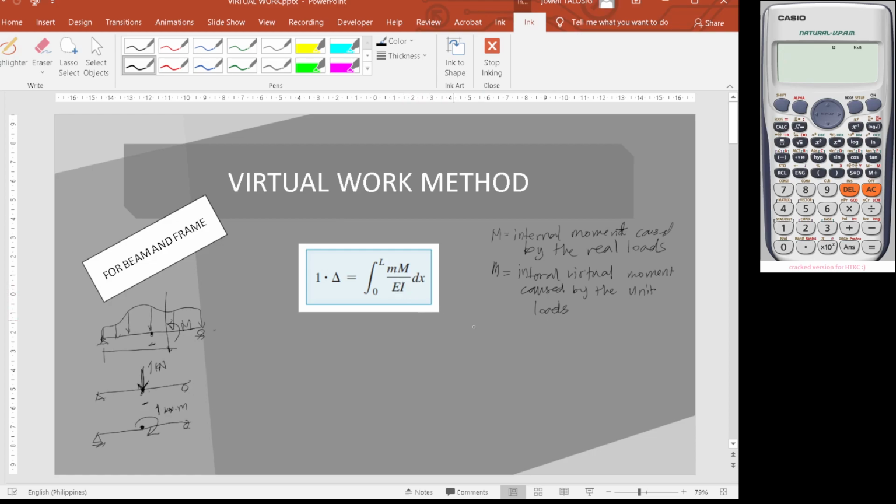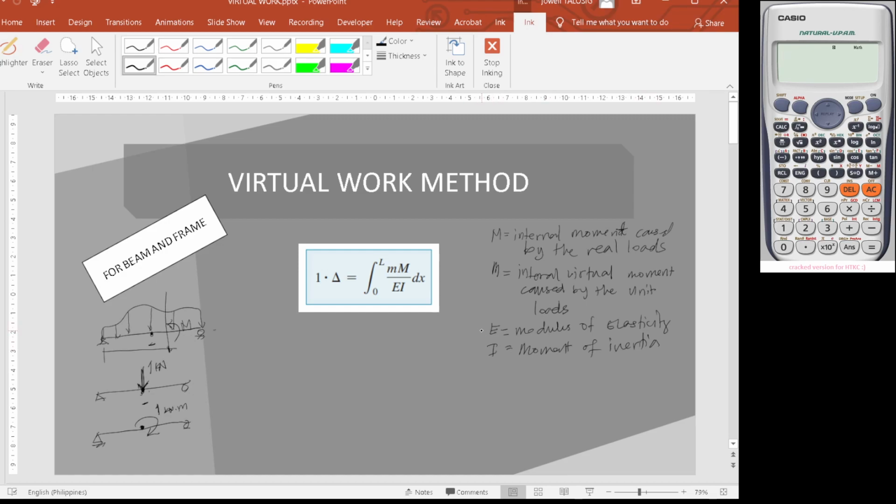Here in the denominator we have E and I. As you all know, E is the modulus of elasticity, and I is the moment of inertia.